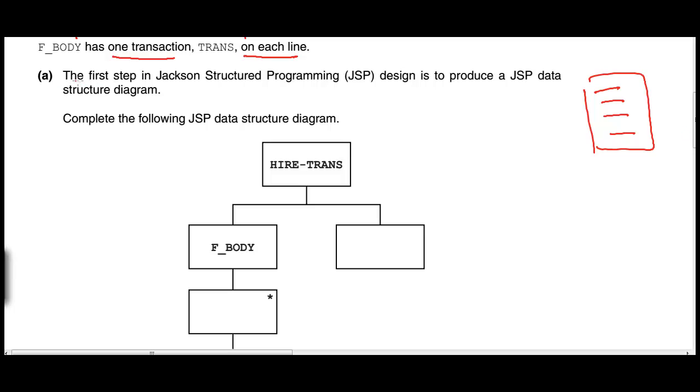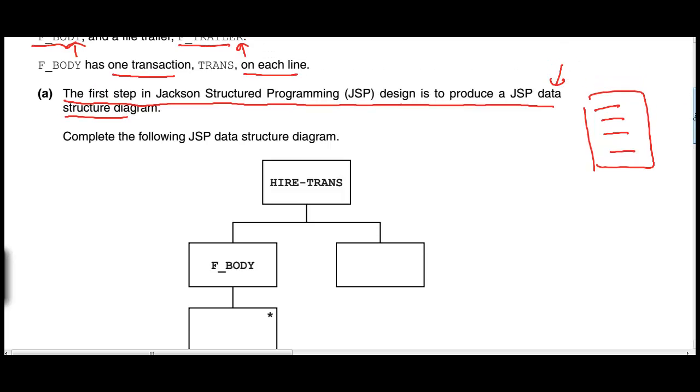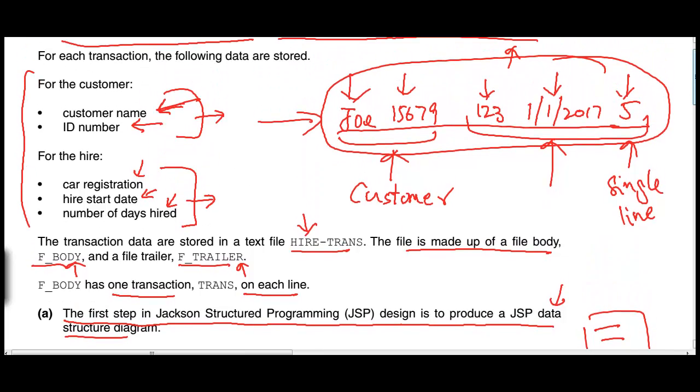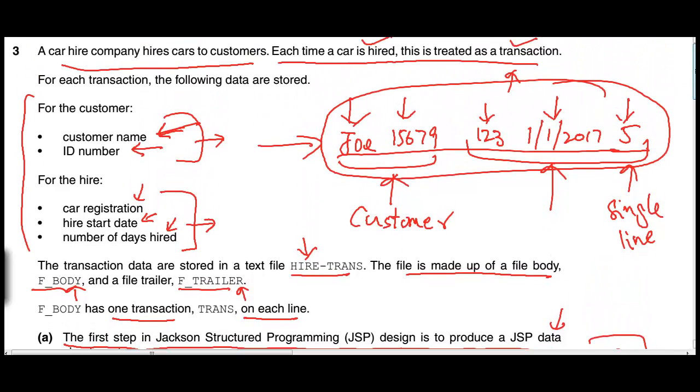So what is he saying here? The first step in Jackson structured programming is to produce a Jackson structured programming data structure diagram. By a data structure diagram, what we mean is how is the data structured for this scenario.